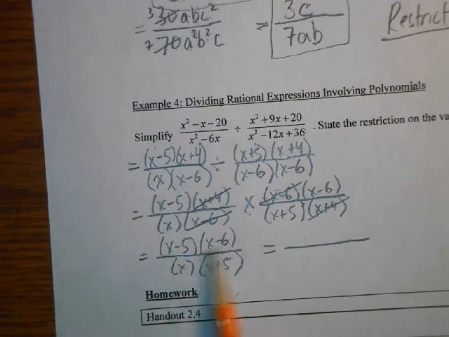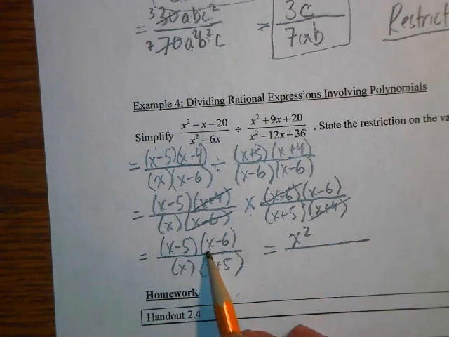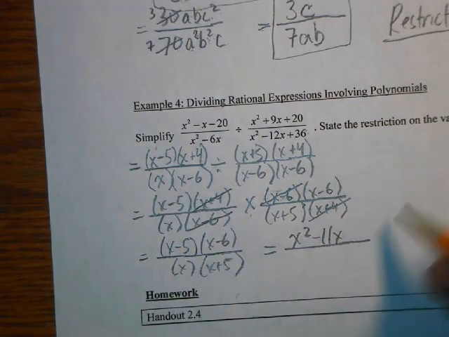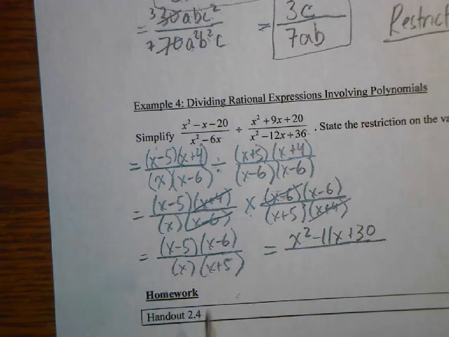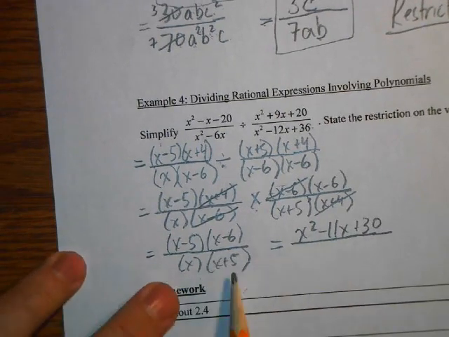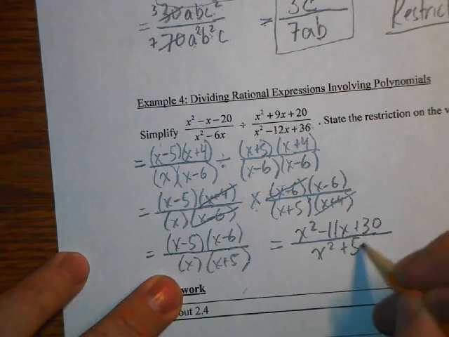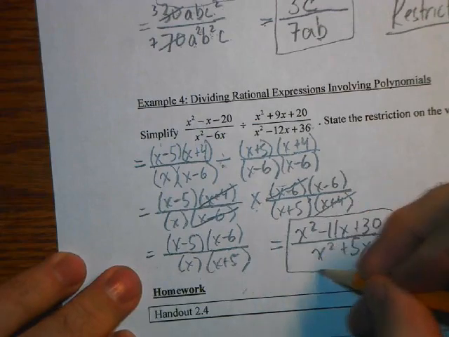When I multiply these two together, I get x squared, and then I have minus 5x minus 6x, that's minus 11x, and then negative 5 times negative 6 is plus 30. So I've done my multiplication of the two binomials to get a trinomial here, and here it's just x squared plus 5x. So that is the final answer, and it's simplified as much as it could be.